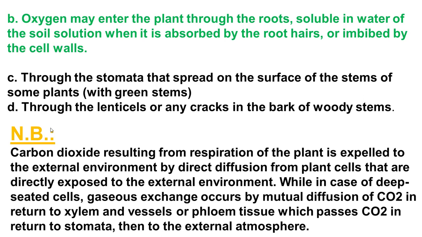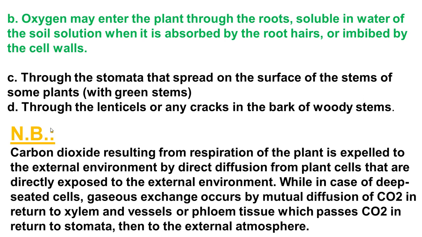A very important note: carbon dioxide resulting from respiration of the plant is expelled out to the external environment by direct diffusion. So carbon dioxide gets out as oxygen gets in, through stomata by diffusion, from plant cells that are directly exposed to the external environment.